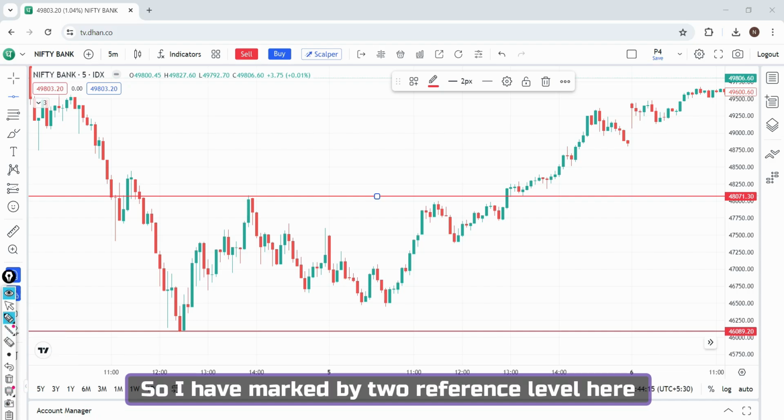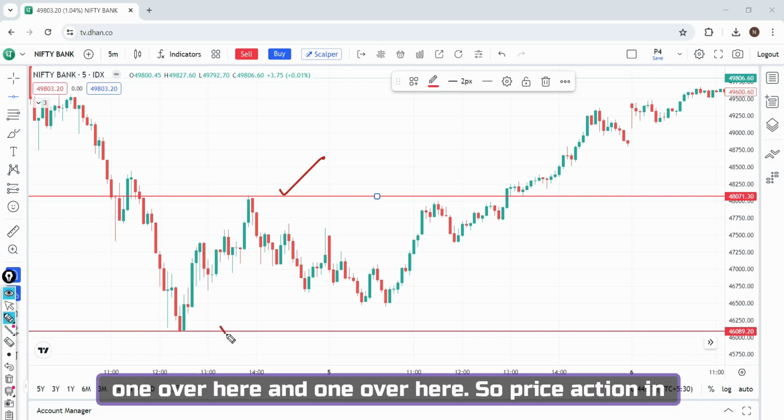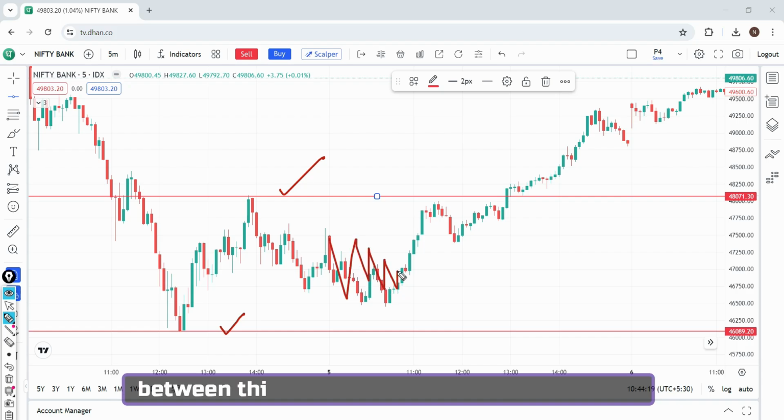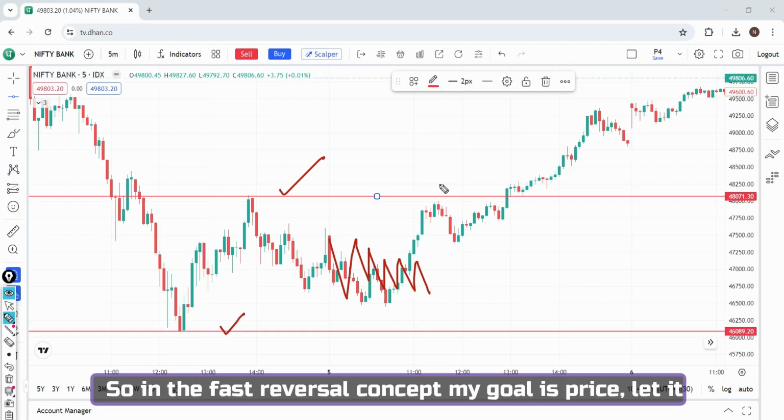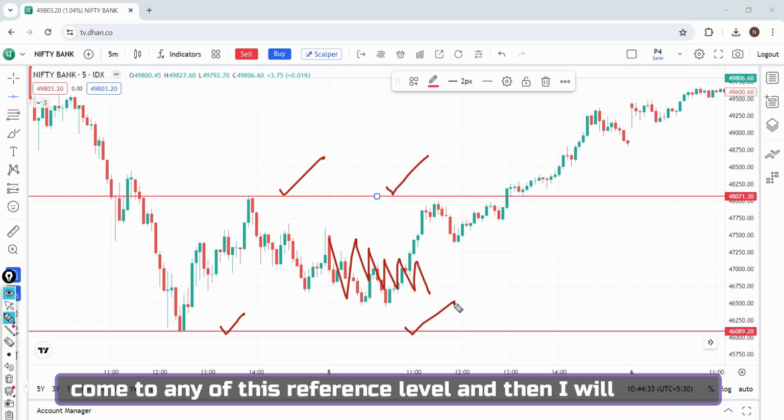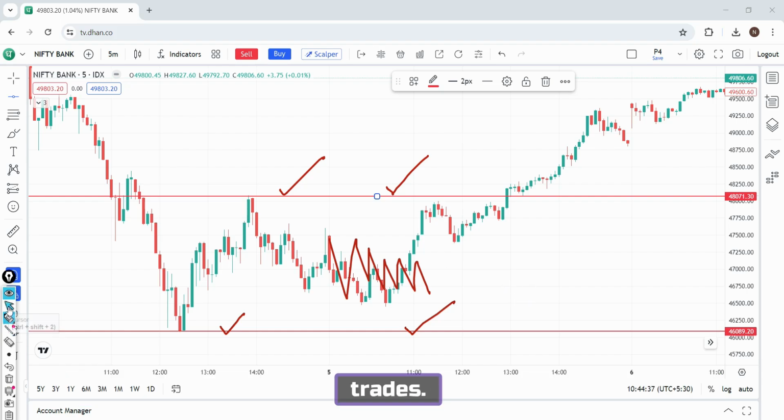So I have marked my two reference levels here, one over here and one over here. Price action in between, because we are discussing price action from the perspective of the fast reversal concept. In the fast reversal concept, my goal is to let price come to any of these reference levels and then I will plan my trades.